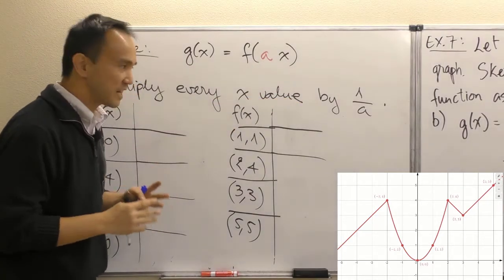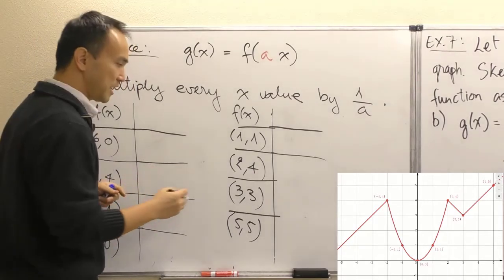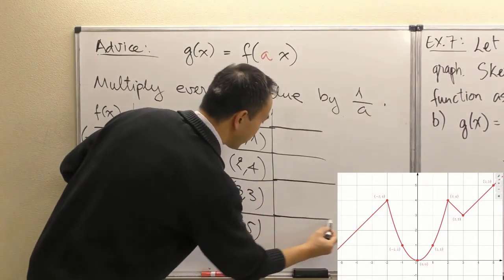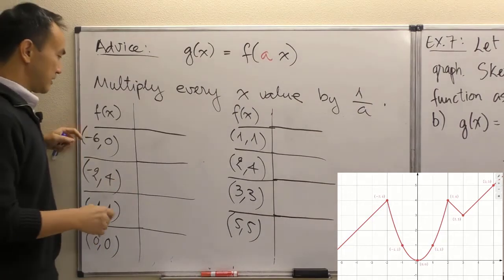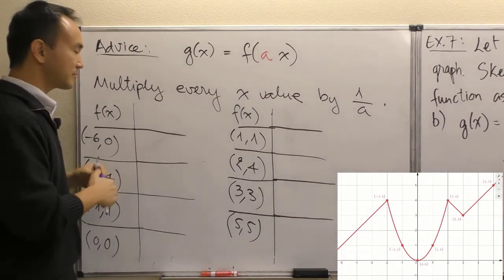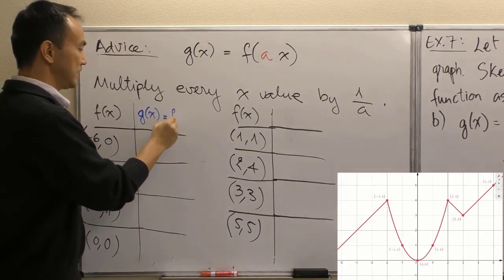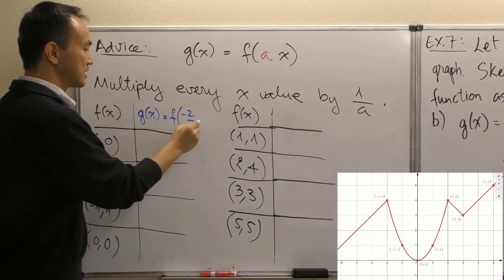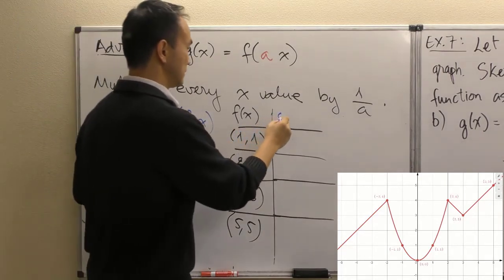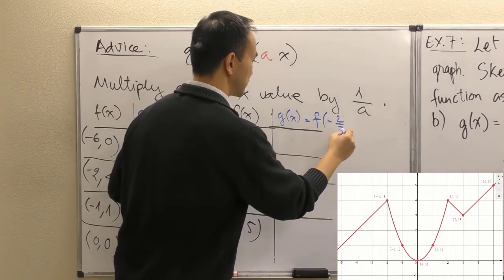Our factor a in this case is negative 2/3. So keep that in mind. Save me from swinging back and forth between the two boards. So g of x is defined as f of minus 2/3 x.